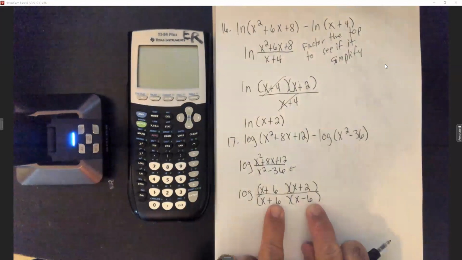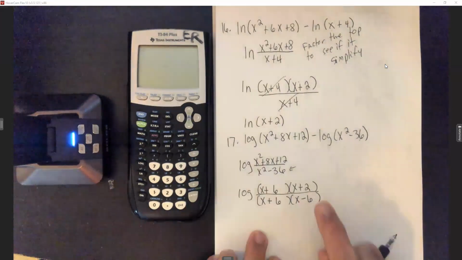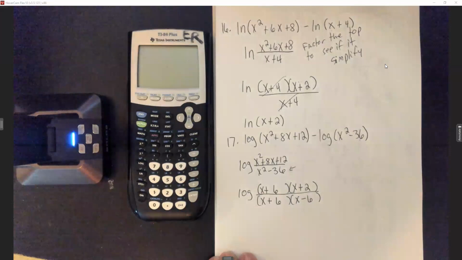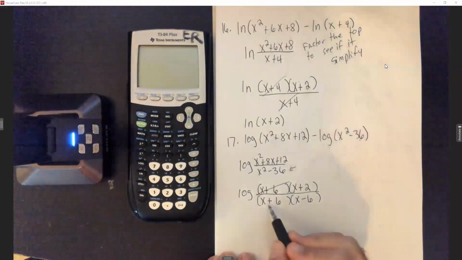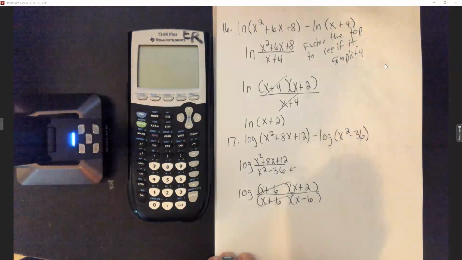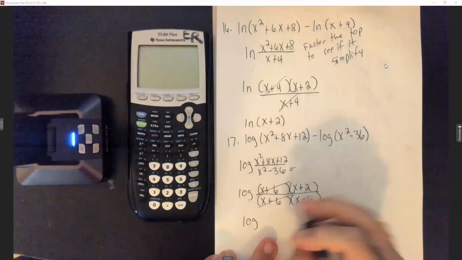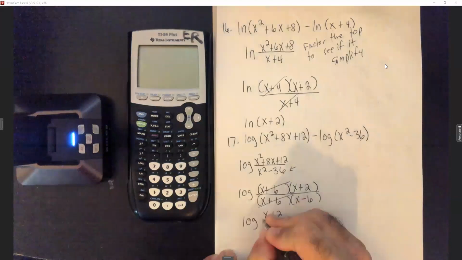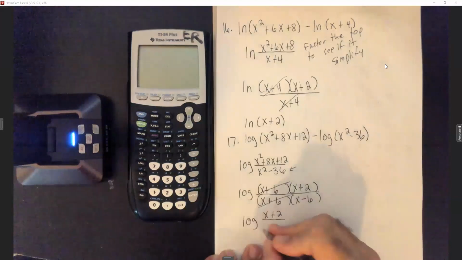So if that was x squared minus 25, I'd put a 5 and a 5. But if you notice, x plus 6 here cancels with the x plus 6 right there. So my final answer would be a log of (x plus 2) over (x minus 6).